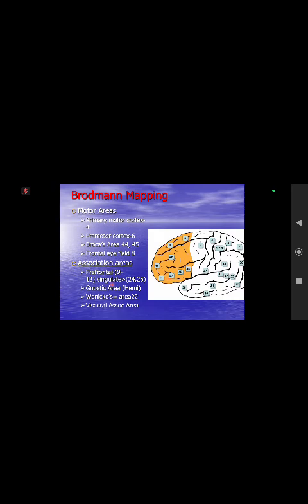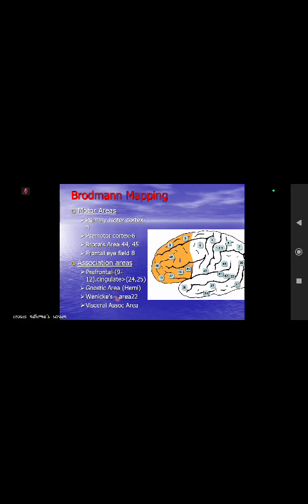And then the area for understanding things is a higher brain area. This is now dependent on higher brain functions, dependent on the specific action that is supposed to be done.